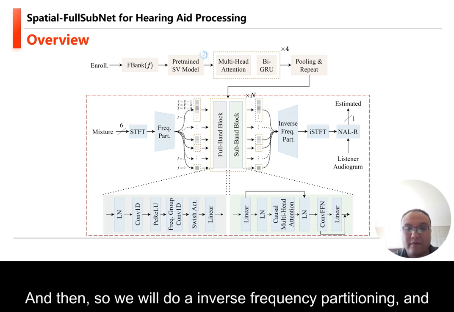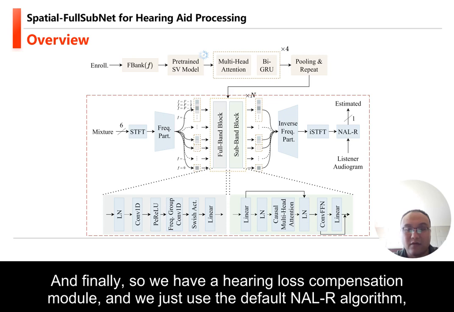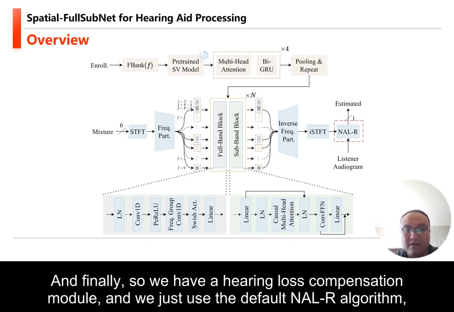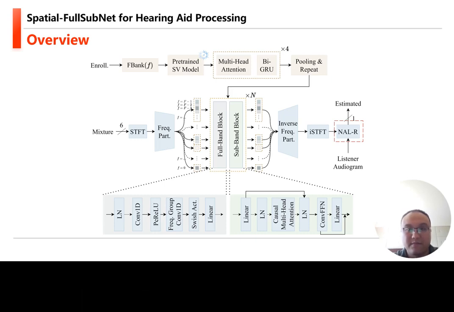Then we do inverse frequency partitioning and inverse short-time Fourier transform to obtain the enhanced signal. Finally, we have a hearing loss compensation module, and we just use the default NAL-R algorithm to adapt the output to a specific hearing loss listener.